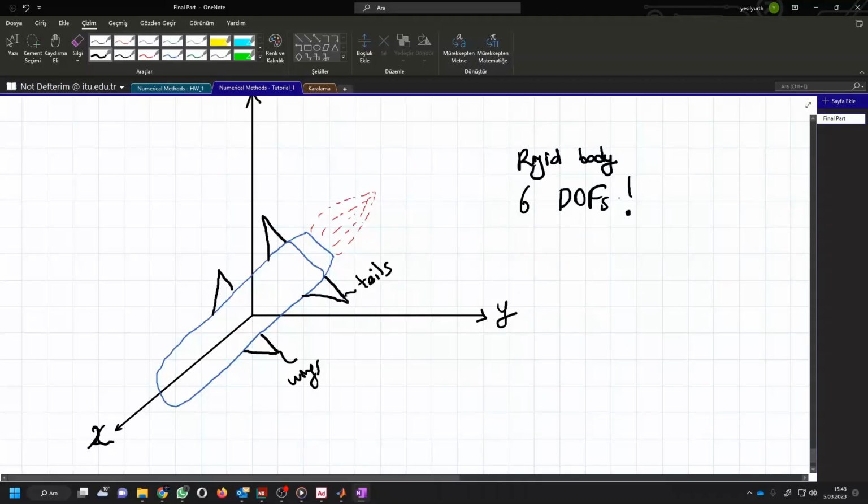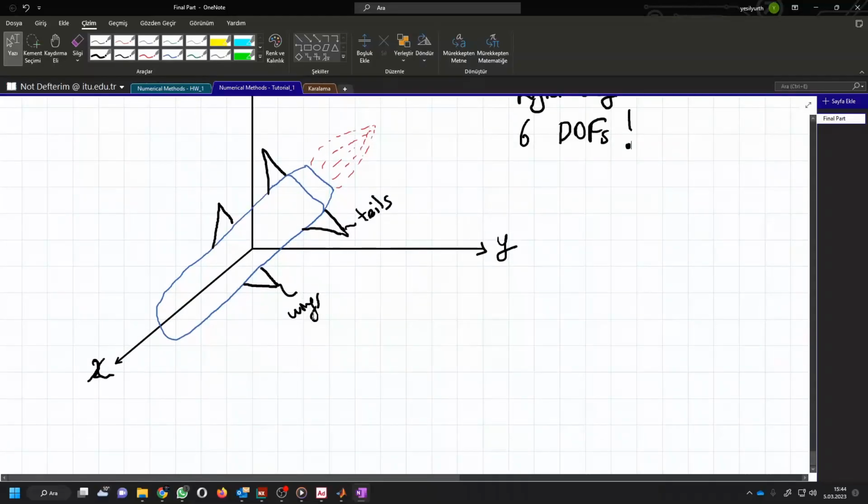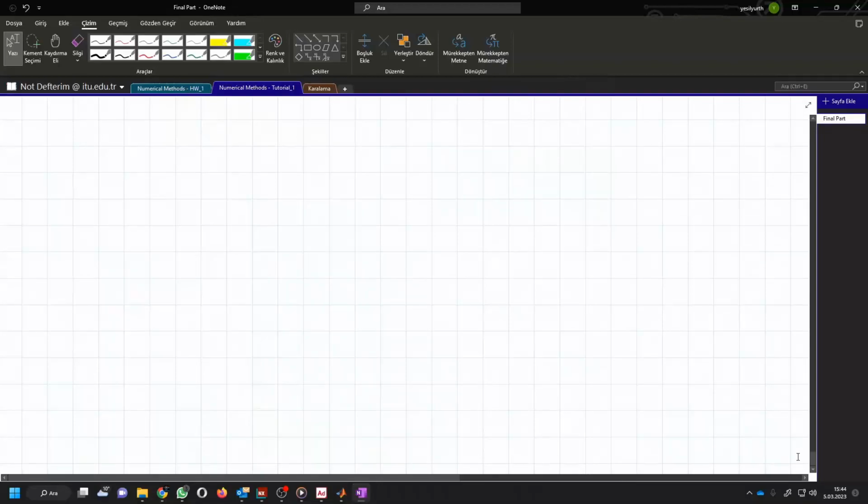Okay. Now let's think about the challenges for someone who tries to simulate the motion of this high-speed rocket inside 3D space. So we need to consider the 6 components of aerodynamic properties, right? 6 components: aero forces and moments.